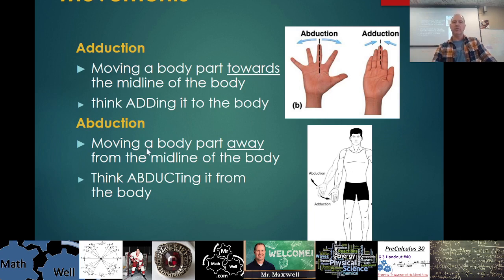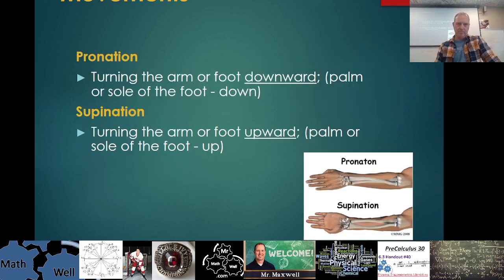Abduction is moving the body part away from the midline of the body. Abducting it from the body, taking it away from. So again, your arm: abduction, going away; adduction, coming towards. Add, coming towards the middle; abduction, taking away from the middle.